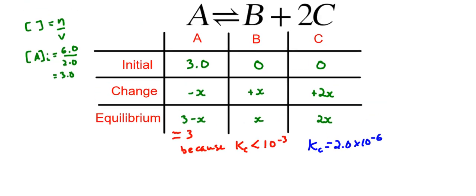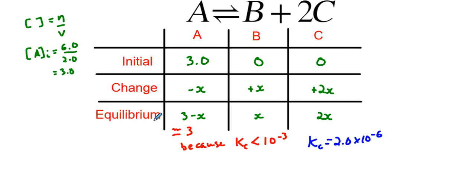We're going to have to calculate our K expression. And so we'll say the Kc here is the products raised to their coefficients. So it's squared on the C, all over A raised to its coefficient, which is just 1.